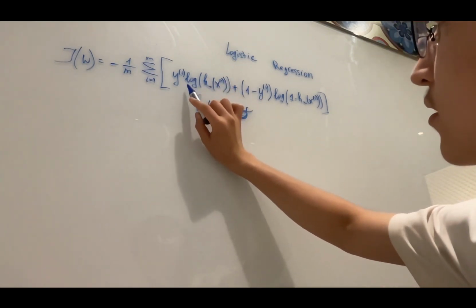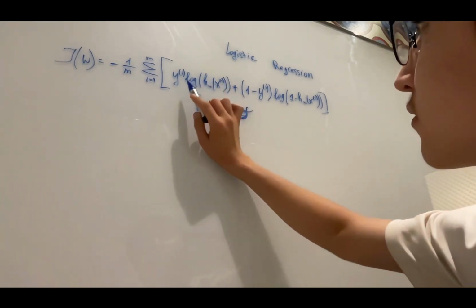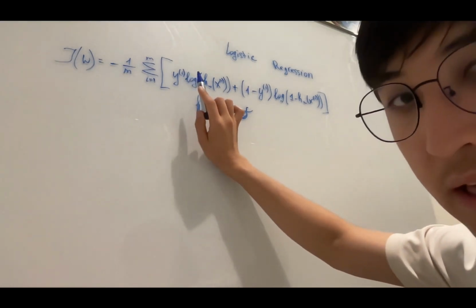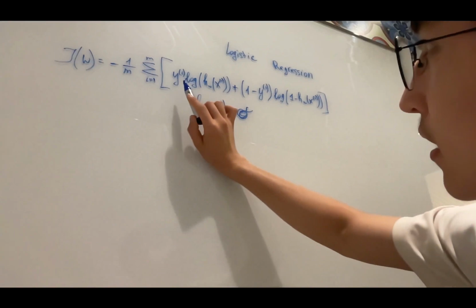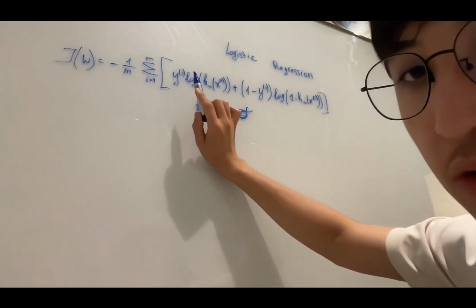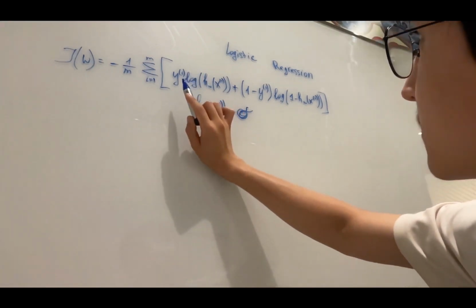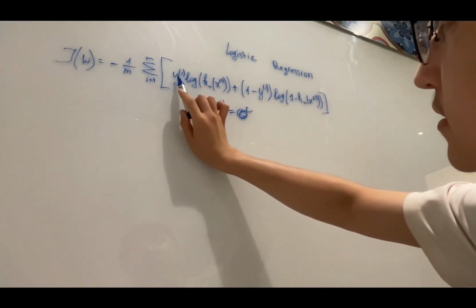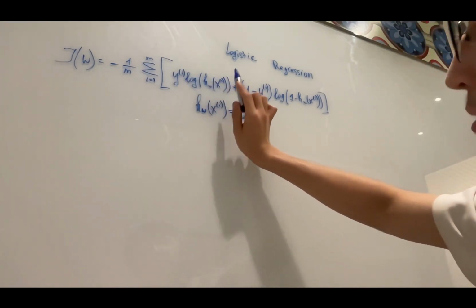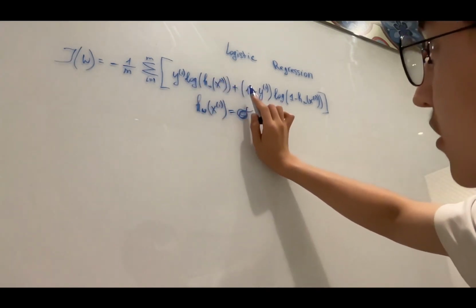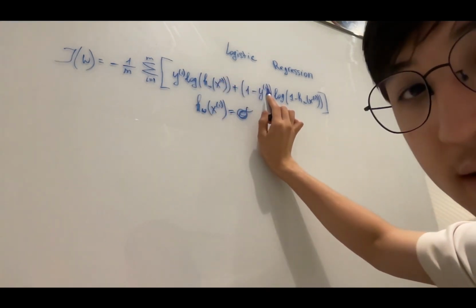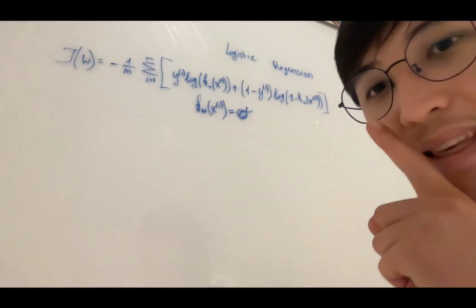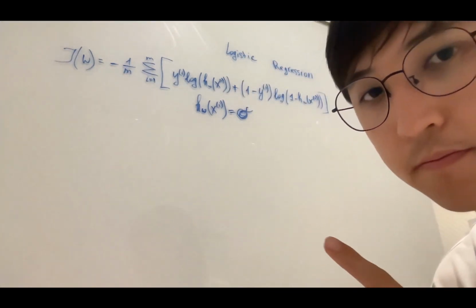We will find the logarithm of that and multiply by y. The interesting thing is that if our class is 1, we use the logarithm of that value, and for the other part, 1 minus 1 equals 0, so we ignore it. This is the key part of the log loss function.